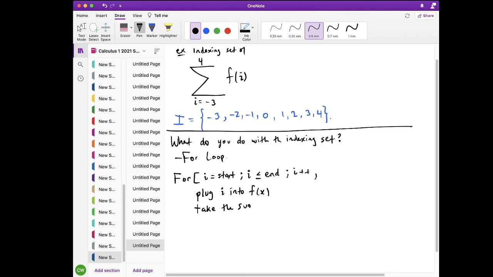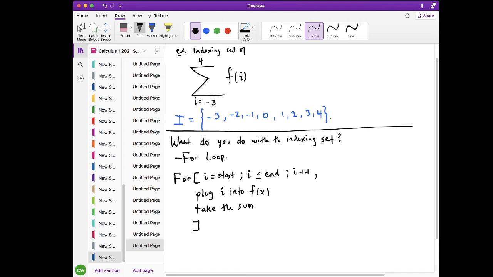So in the first case, there's nothing to sum with, but in the next iteration, you would add 1 to i and then plug it into f, and then add it to whatever's in there before.